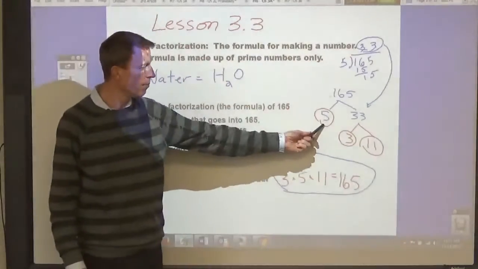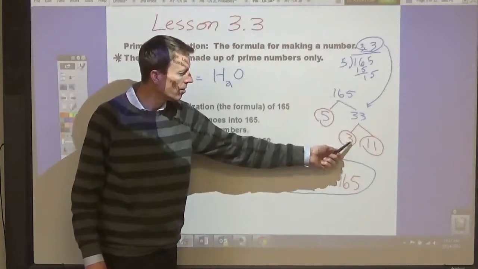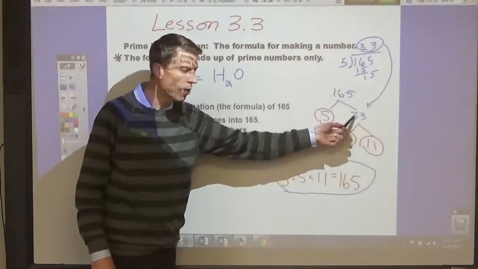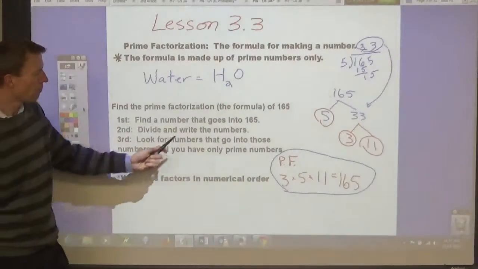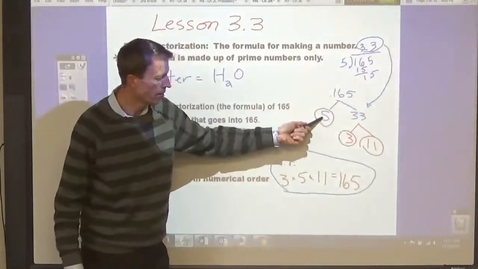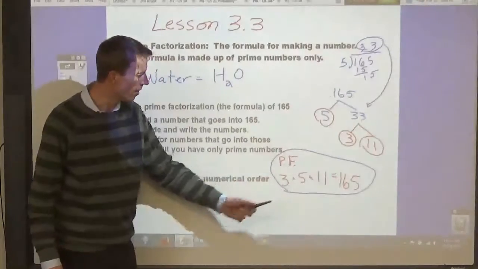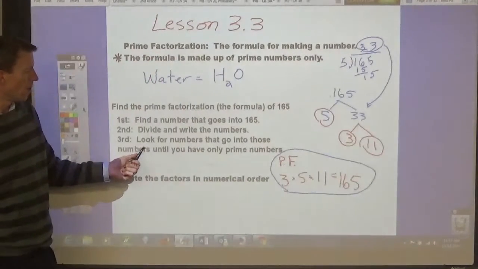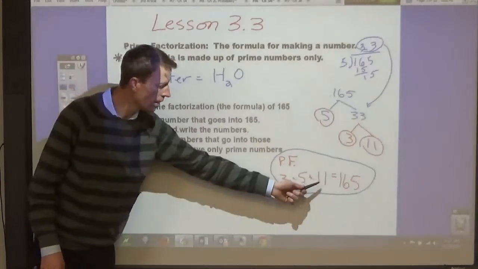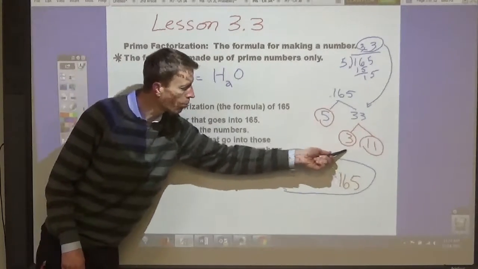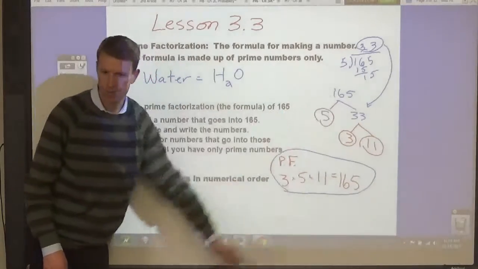If the number is prime, you stop. If it's composite, you keep going and find the factors that go into that number. Once you have all prime numbers listed, you can use those to write the formula in numerical order: 3 times 5 times 11. These prime numbers make the number 165.